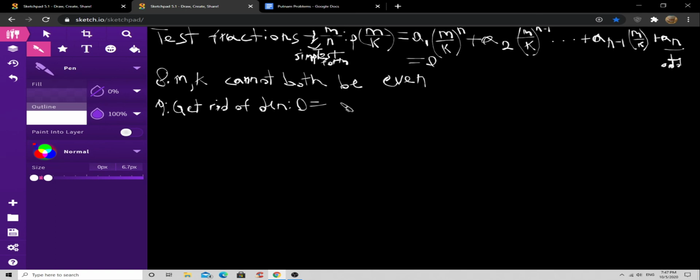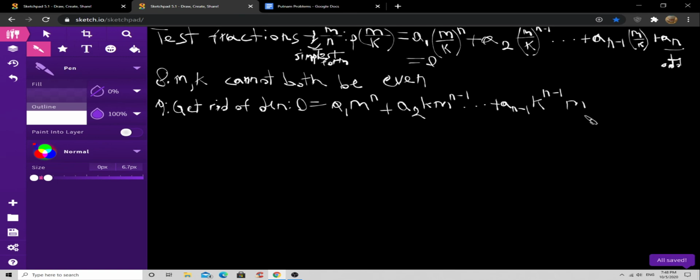So for the first term, we just have a1 m to the n, plus a2 k m to the n minus 1, all the way to plus a n minus 1, k to the n minus 1, and then we just have m. Okay, I'm pretty sure that's correct.